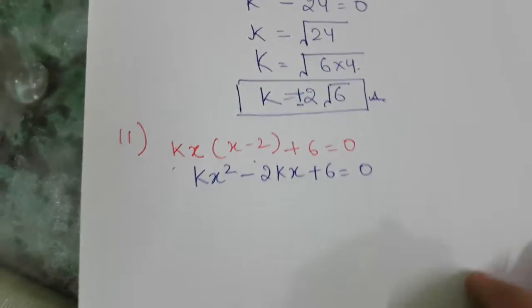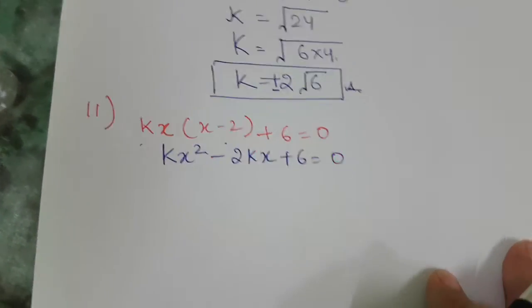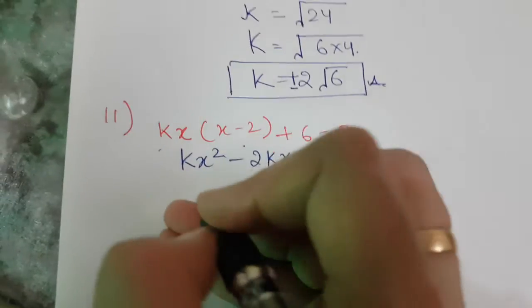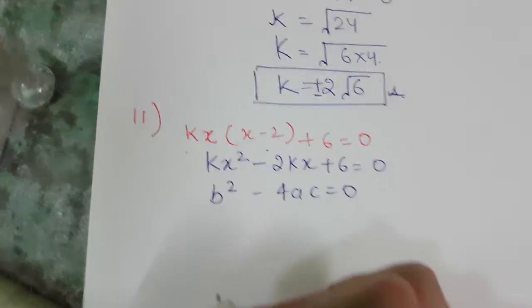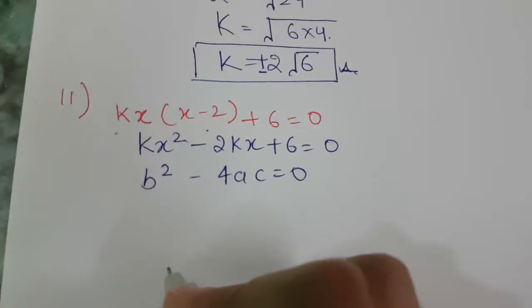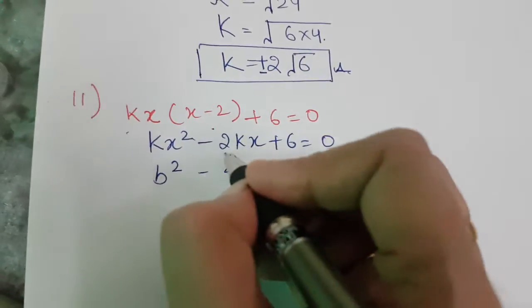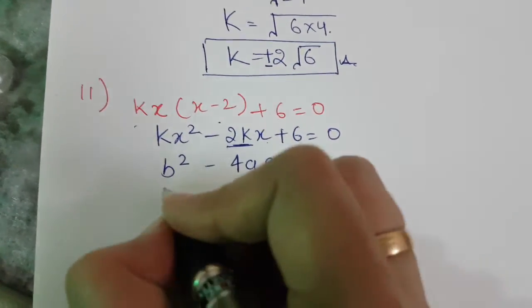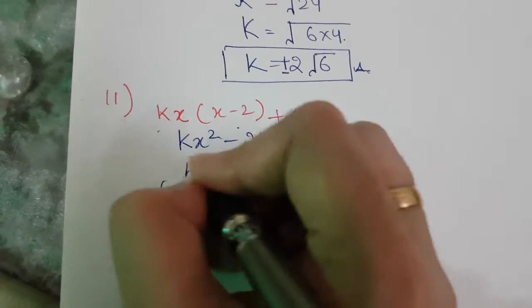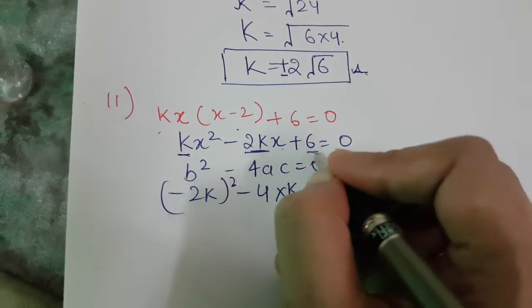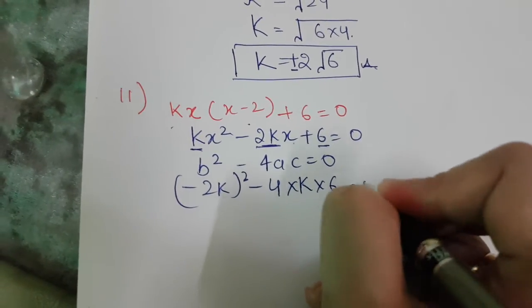Why? Because we need the coefficient of x square, x and the constant 6. Okay, now you apply again b square minus 4ac is equal to 0, because nature is again equal and real. So b value, the coefficient of x, is minus 2k, square, minus 4 into k into 6 equal to 0.